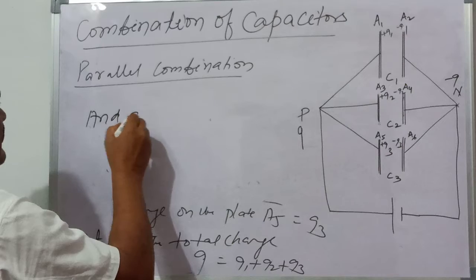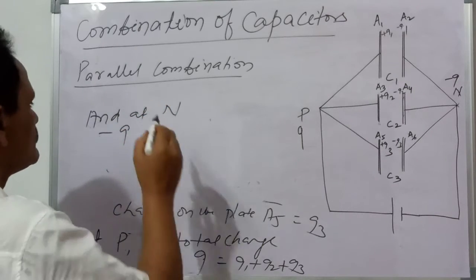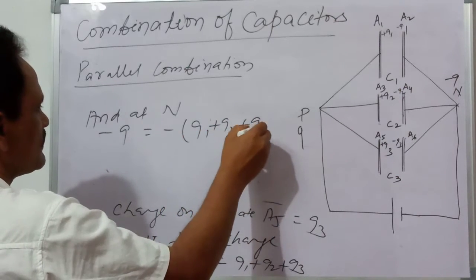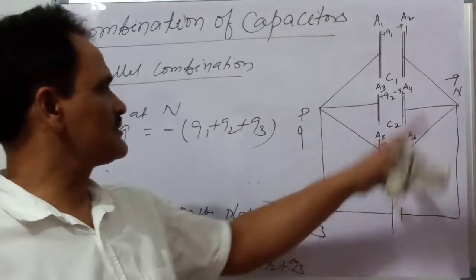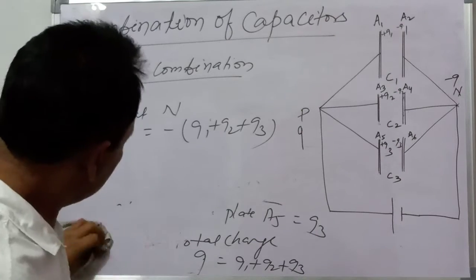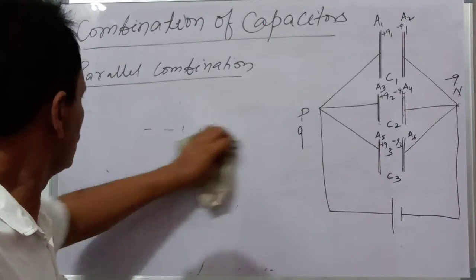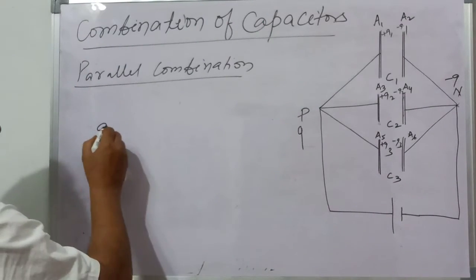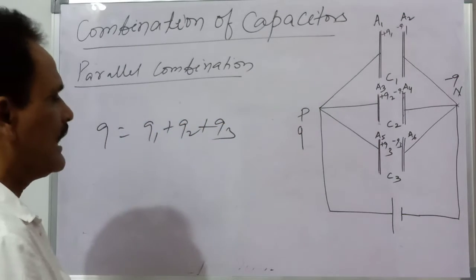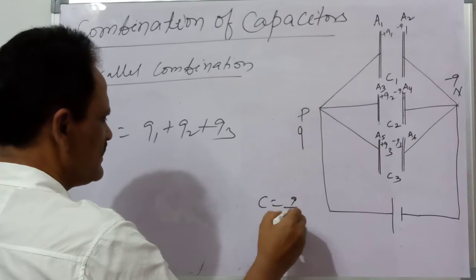And at N, minus Q is minus Q1, minus Q2 and minus Q3. Thus Q is Q1 plus Q2 plus Q3. And as per the definition of capacitance, C is Q by V, so Q is equal to CV.